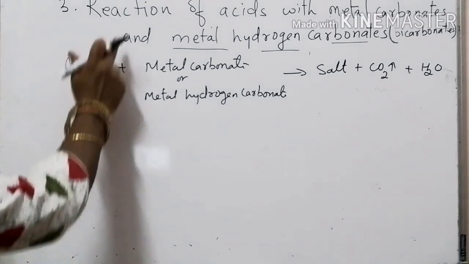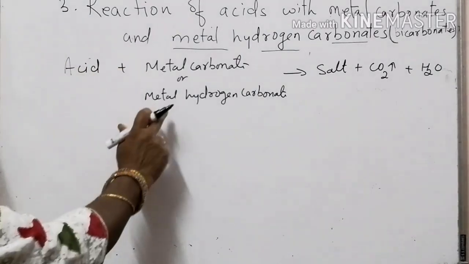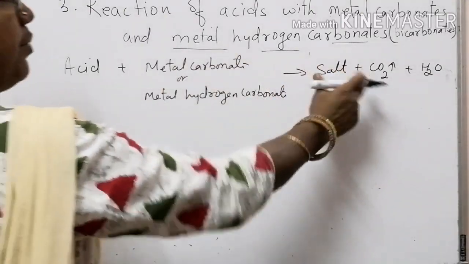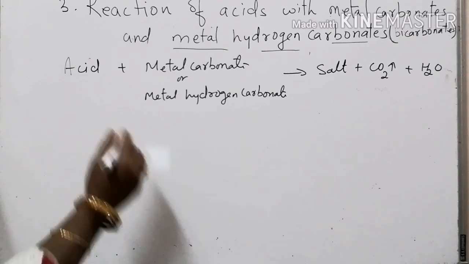So the products formed for the reaction of acid with metal carbonate or bicarbonate, both remain the same: salt, carbon dioxide and water.